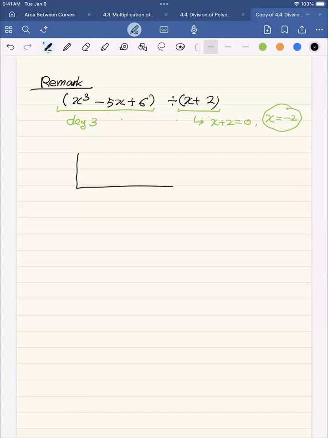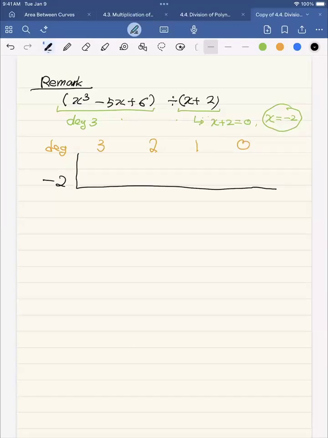To perform synthetic division, I said the coefficients must be written in an orderly manner. In this case, from degree 3 and then 2, 1, 0. Obviously, on the left side, we have to write -2. But what's ambiguous here is there is no number in front of x cubed, and there is no degree 2 term here.